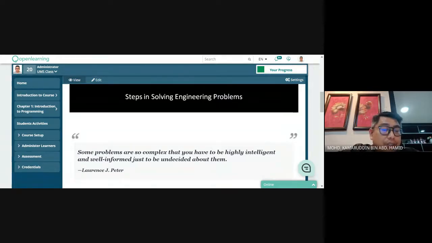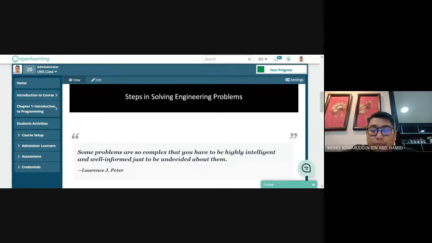Look at this, Laurence Peter: some problems are so complex that you have to be highly intelligent and well informed just to be undecided about them. Highly intelligent, so not really that you need to have multiple intelligence. Okay, in your team you may have 4, maximum 5 members.